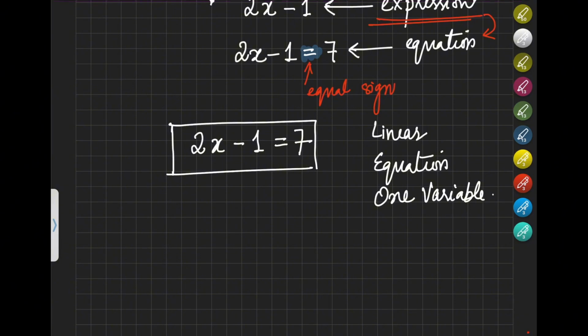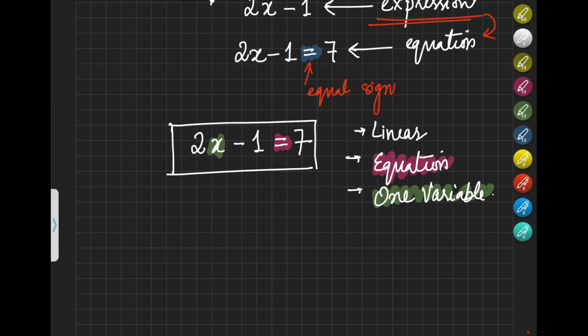Let us decode each and every term that is given in the lesson, that is, linear equation in one variable. Firstly, the term equation, as we just discussed, comes from the equal sign, so that is why this is called an equation. Then why is it called one variable? Because there is just one variable.